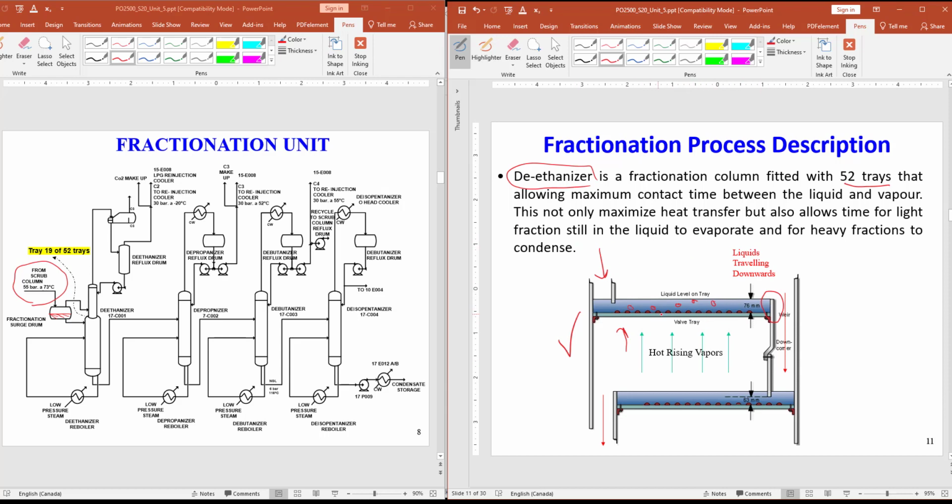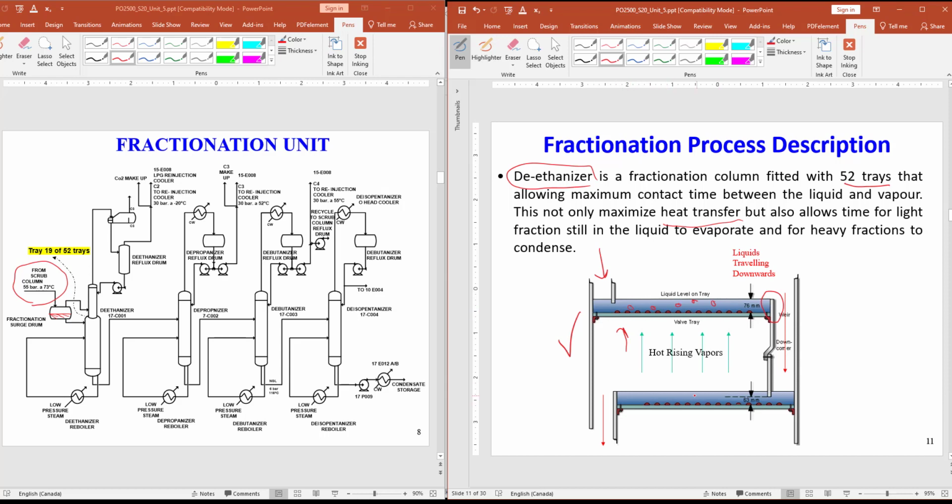Once the liquid and vapor are in contact with each other, we have heat transfer, and also mass transfer. Mass transfer means that lighter components evaporate and go from the liquid phase to the vapor phase, and heavier components condense from vapor to the liquid phase.